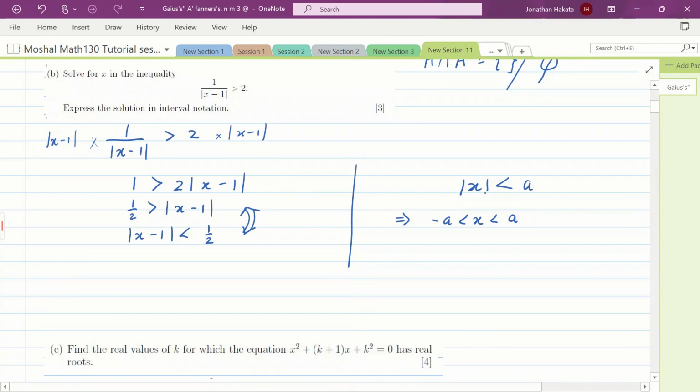If you have a modulus sign of a variable less than a constant like that, then you can treat it like that. So we want to apply the same for this problem that we have.